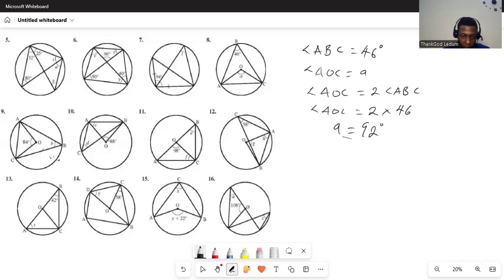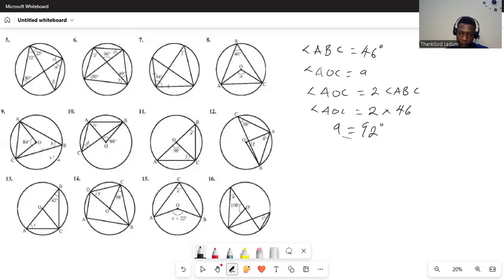Looking at this one, the same thing I just explained earlier: the angle at the center of a circle is twice the angle at the circumference. So let's quickly do that.